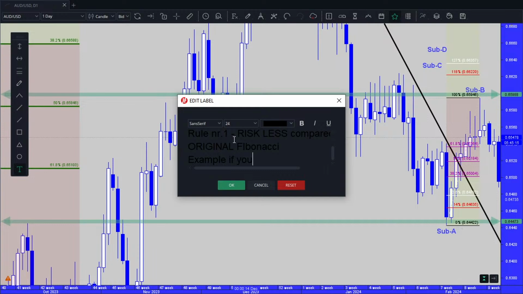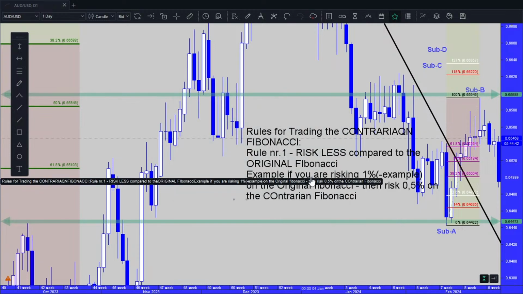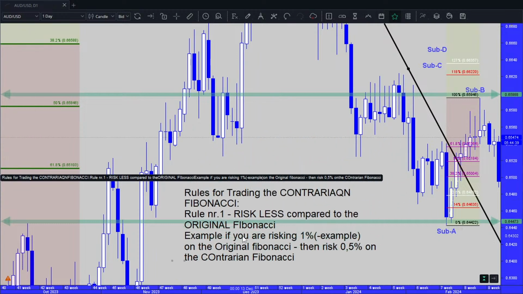Example, if you are risking 1% on the original Fibonacci, then risk 0.5% on the Contrarian Fibonacci. Alright? That's rule number 1.